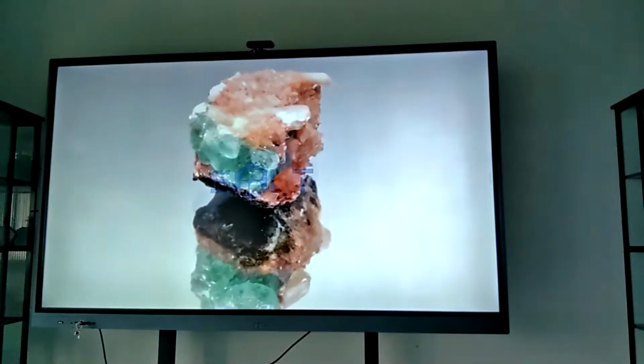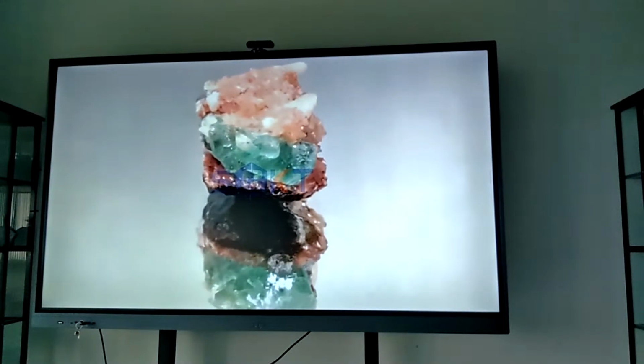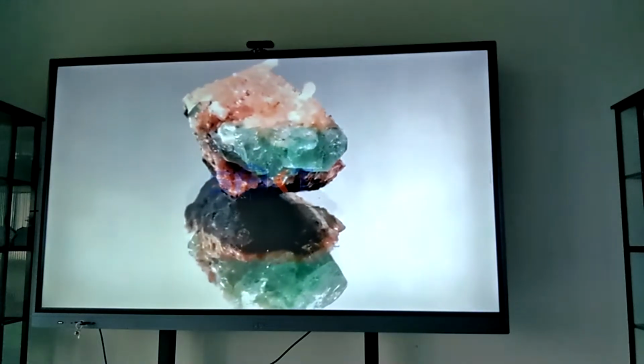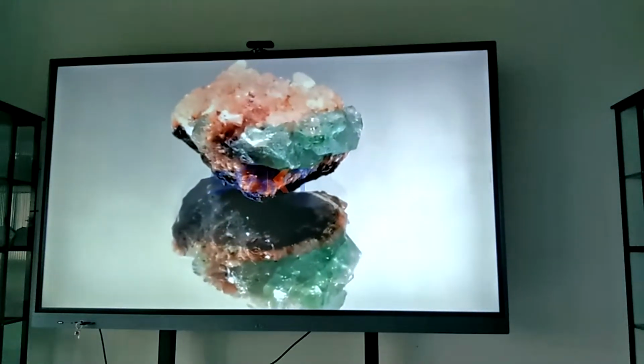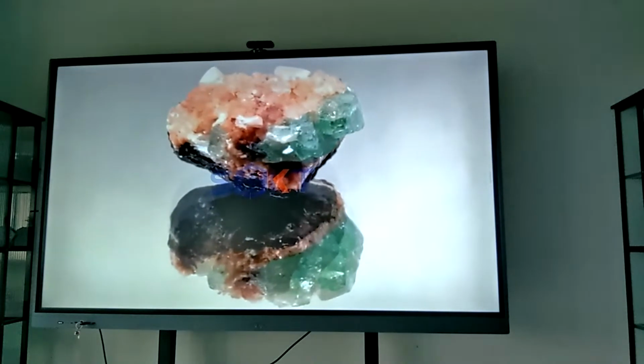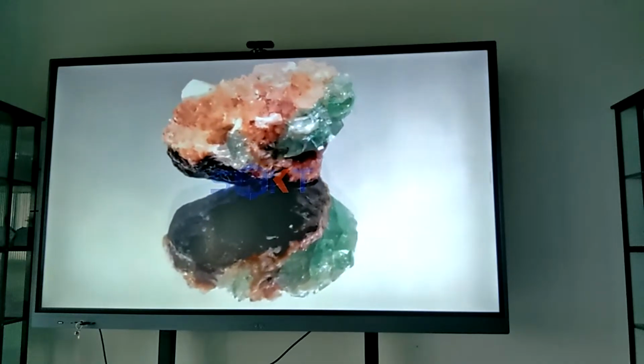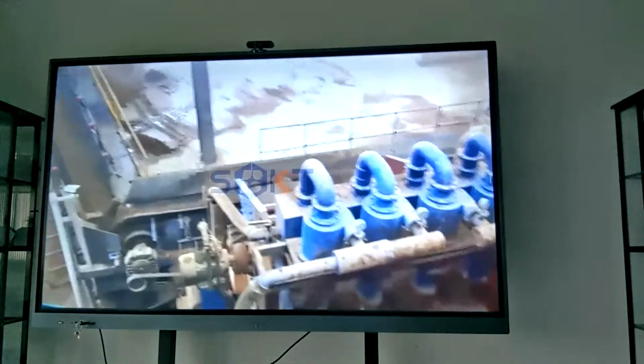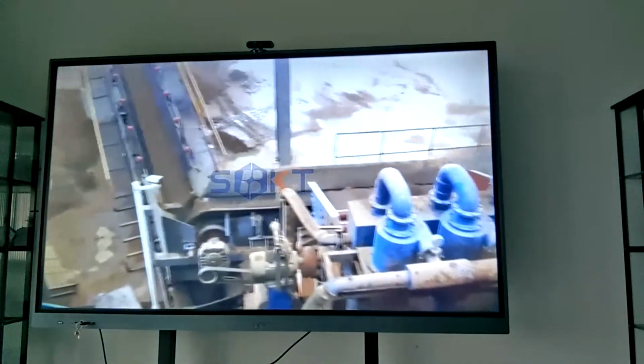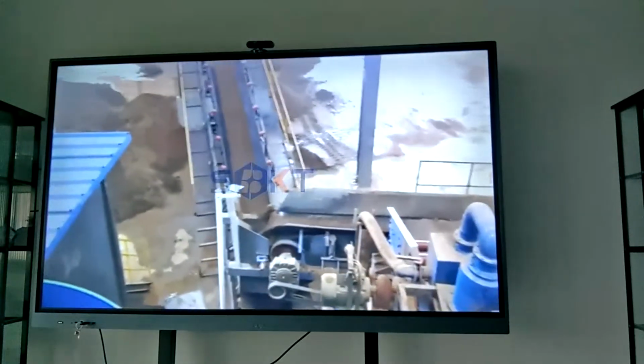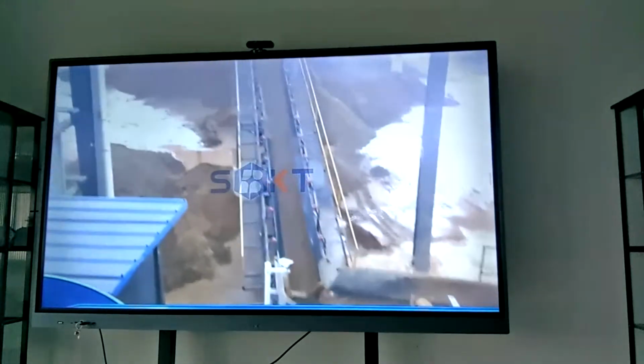Next, I will show you which processing equipment is selected in the different deposit types. First is the oxidized deposit.